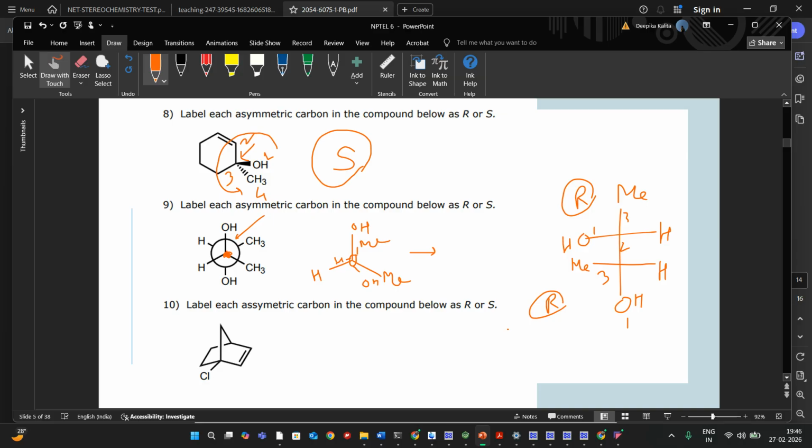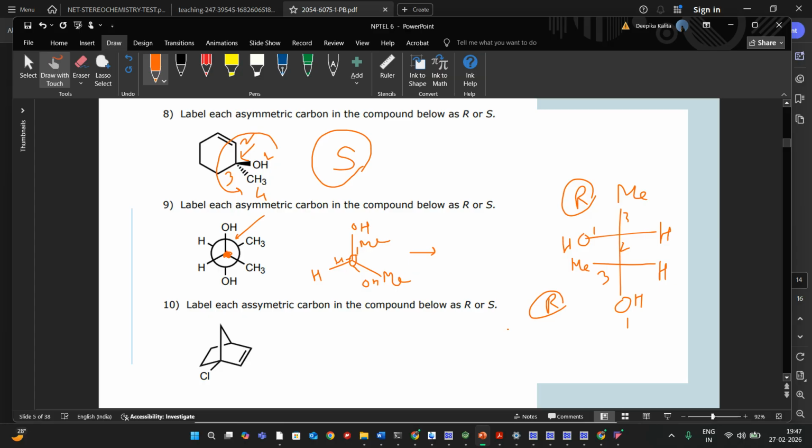So we have converted the Newman projection given to its Fisher projection first, and then we have assigned the absolute configuration to both the asymmetric carbons present in the molecule.